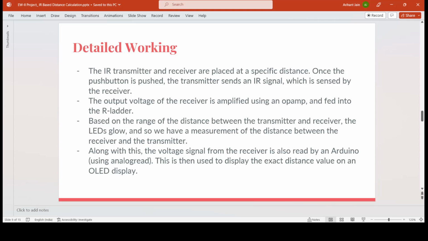Then the output voltage at the receiver is amplified using the op amp, which then goes to the R ladder, and based on the level of voltage, a specific number of LEDs glow, which tells us the range of the distance. Along with that, the voltage that is received at the receiver is also read by the Arduino using analog read, and this is used to display the exact voltage and distance value on the OLED display.